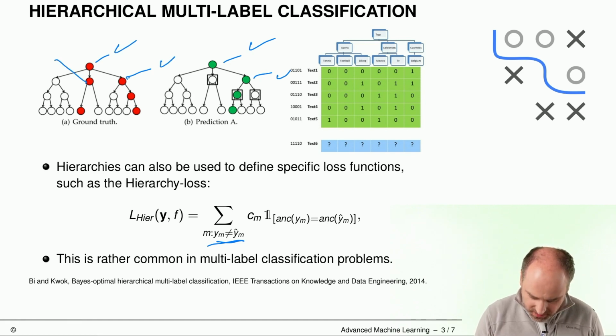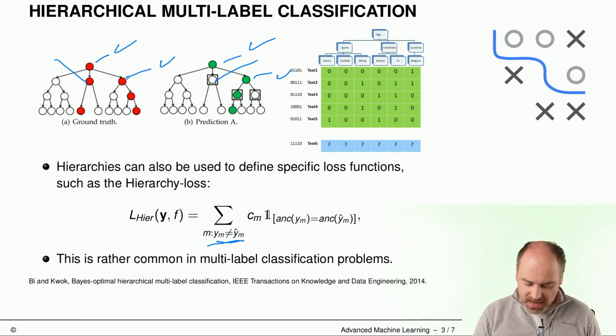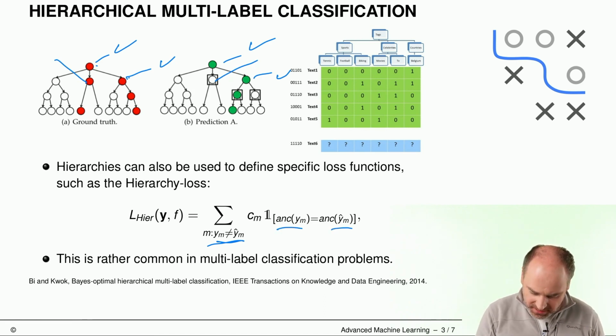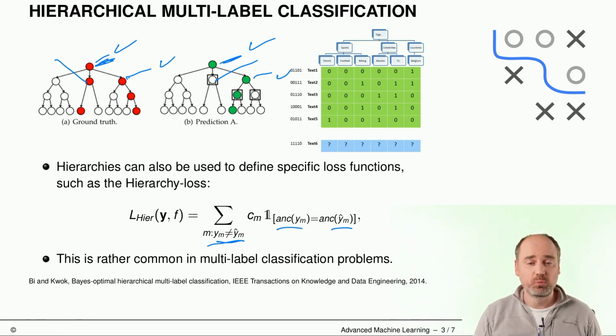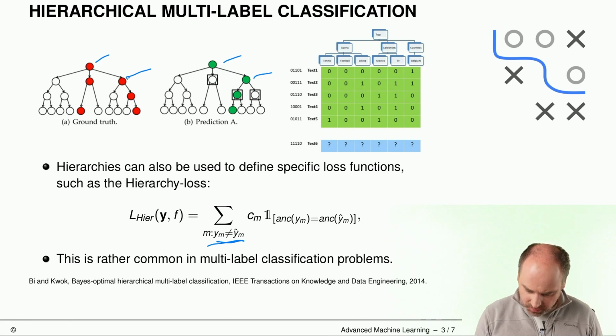These two guys now, if we look at them, actually have mismatching labels. The prediction is different than the ground truth. Now, what about their ancestors? Well, their ancestors actually coincide. So we would count that as an interesting error, and this is also why I have marked this cell here. Maybe we can now check this for the other marked boxes.